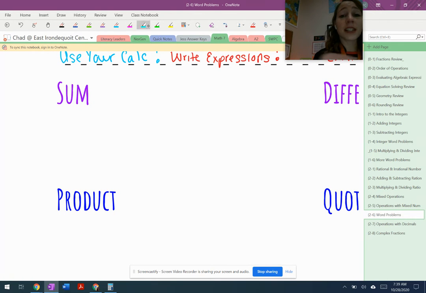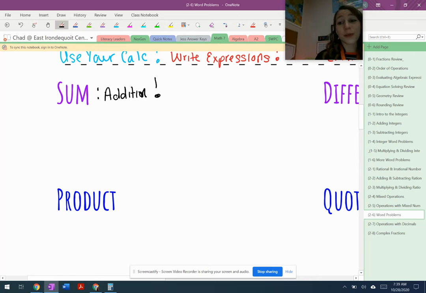And when you see sum, when they're asking you to find the sum of something, they are asking you to use addition. Sum is that addition.